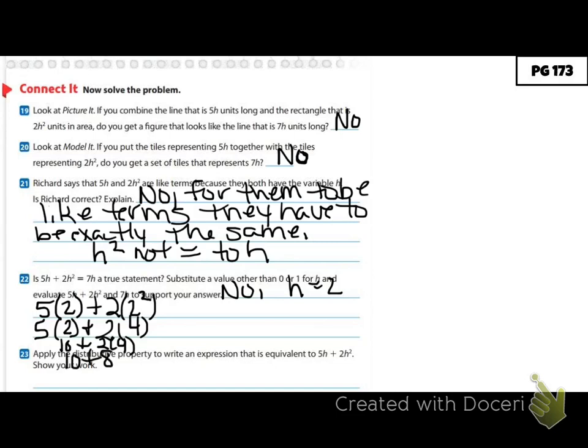Bring everything else down. And we have 10 plus 8, which is 18. If I take my 7h, it would be 7 times 2. 7 times 2 is 14. So does 18 equal 14? No, it does not. So that shows that they are not equivalent.